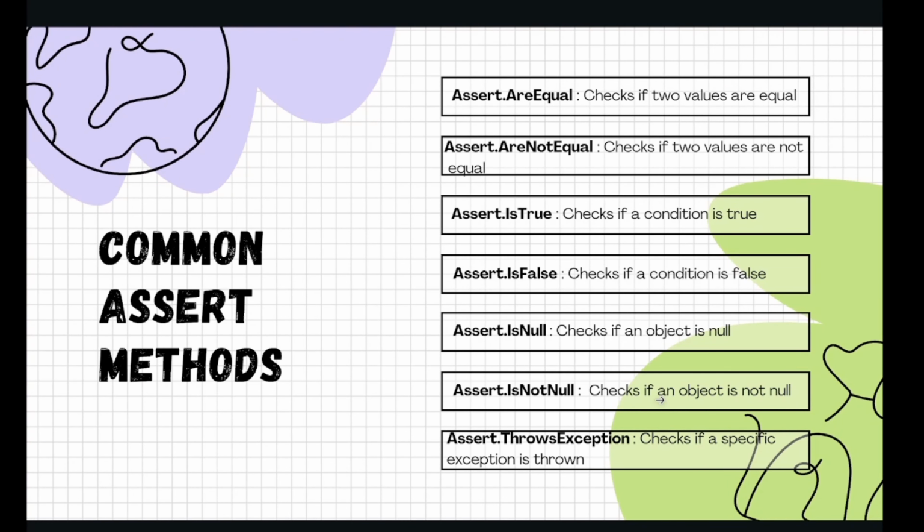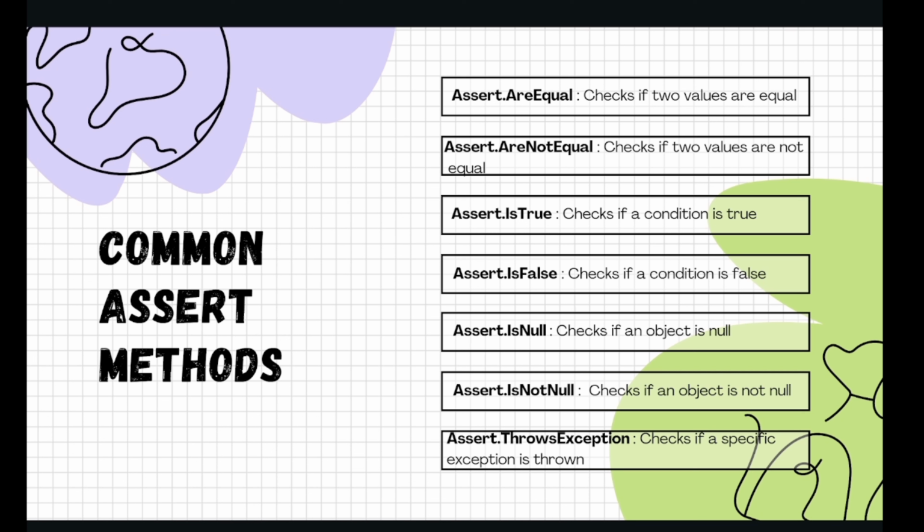There are so many Assert methods. First is the AreEqual method to check if the expected value matches the actual value. Second one is the AreNotEqual method to check if the expected value is not equal to the actual value. Third one is the IsTrue method to check if the specific condition is true. Fourth method is IsFalse to check if the specific condition is false.